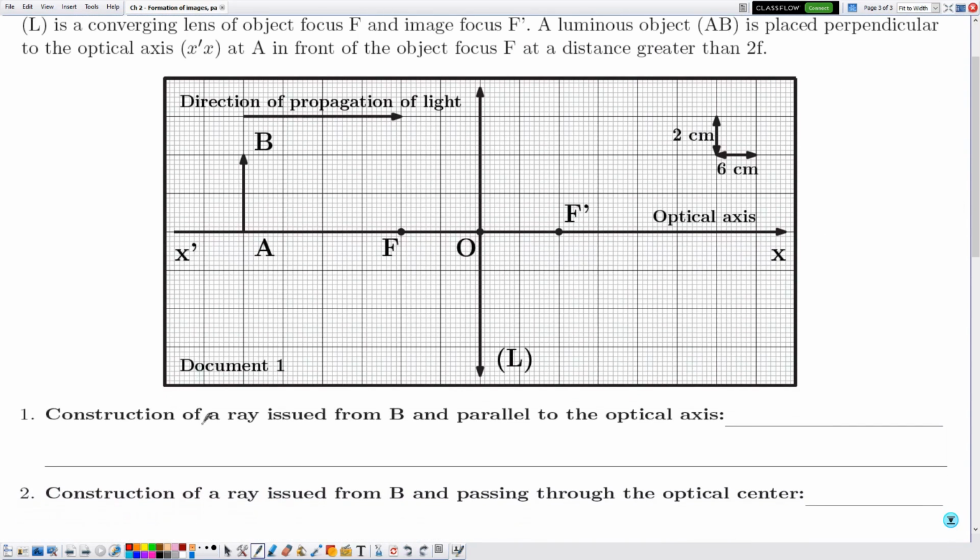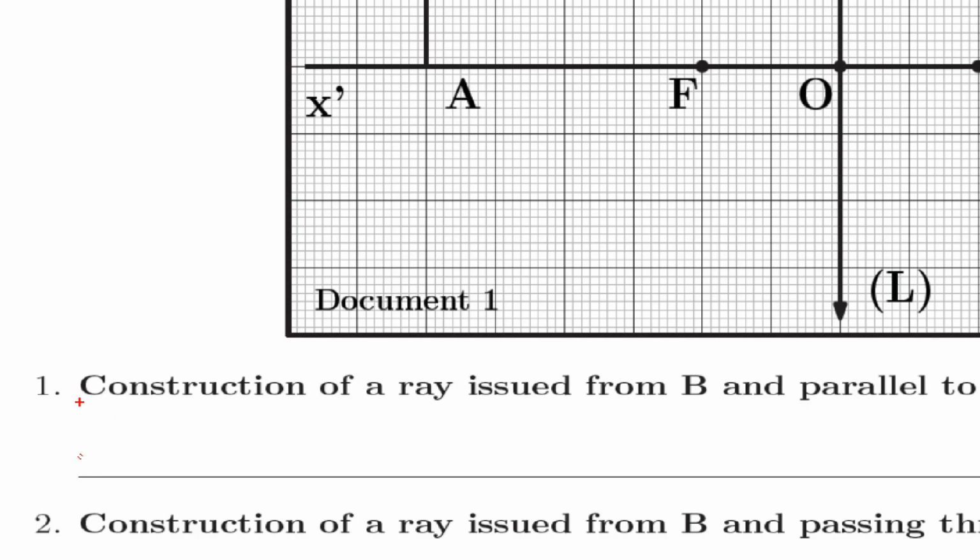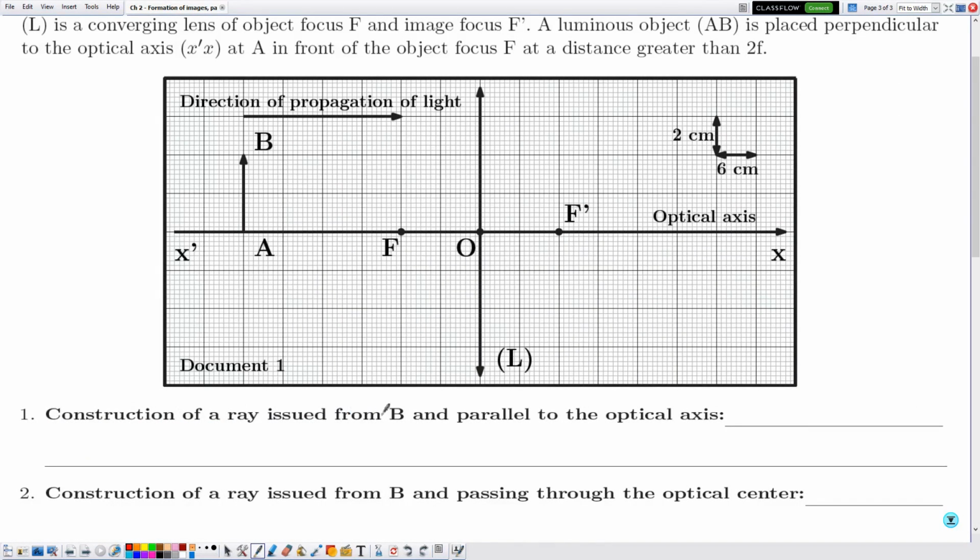So number 1, they are telling me construction of a ray issued from B and parallel to the optical axis. And the word construct or constructions means that we need to trace and justify. Okay, we need to trace a ray issued from B and parallel to the optical axis. So this is an incident ray issued from B and parallel to the optical axis.